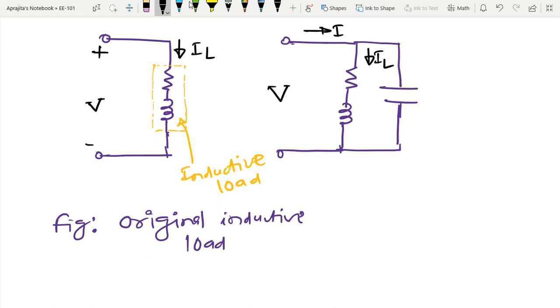So you can see that voltage is V and current is IL. So I am assuming that whatever the rest of the current is, it flows through this additional capacitor.